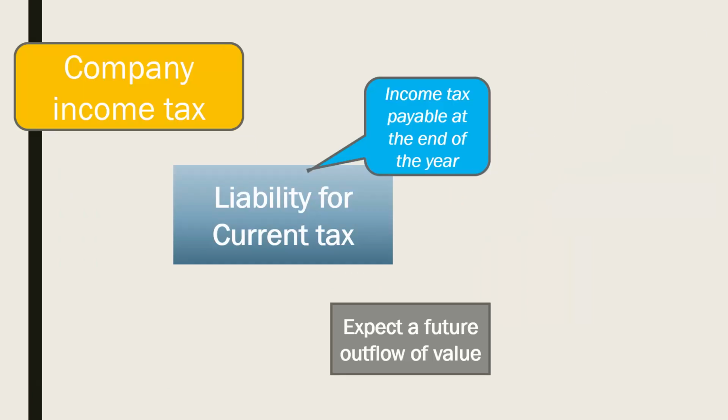And regardless of how a company may pay its company tax, monthly, quarterly or yearly, it may have some income tax payable at the end of the year to complete its payment of company income tax for that year. If it does, it is required to show it as a liability for current tax in its balance sheet.